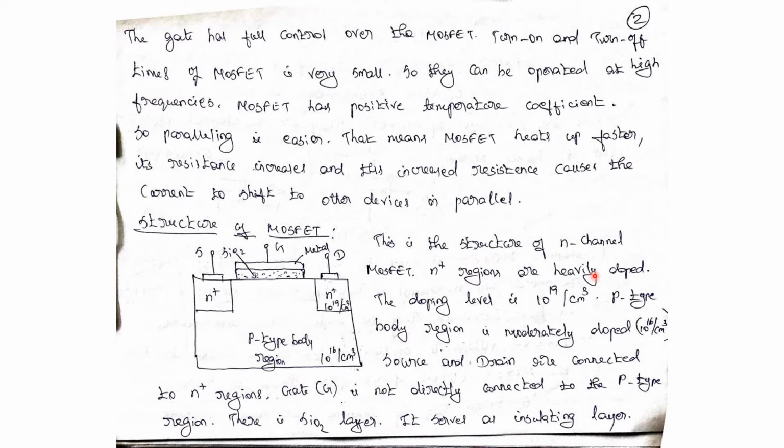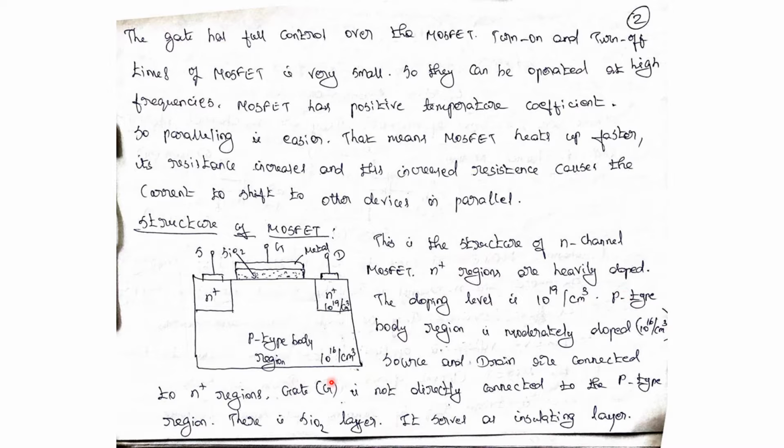So the current will select a different path, the parallel path, where the other devices are connected. So if MOSFET has a positive temperature coefficient, the paralleling is very easy.